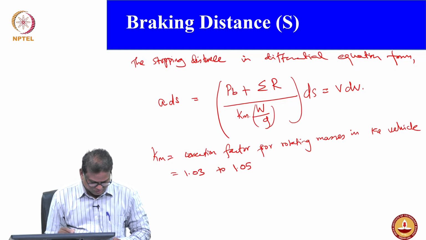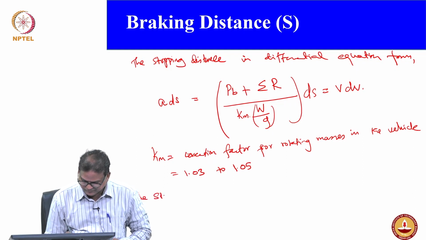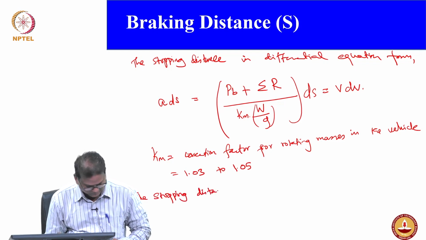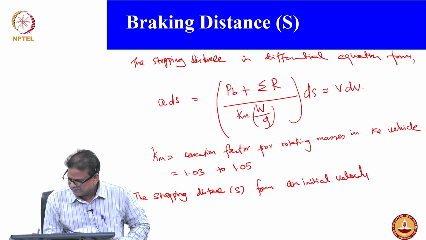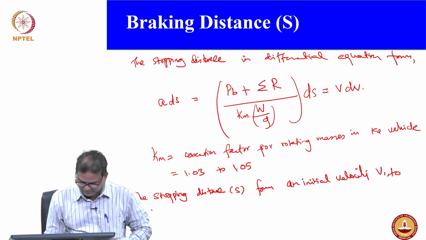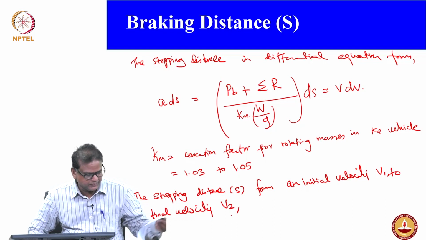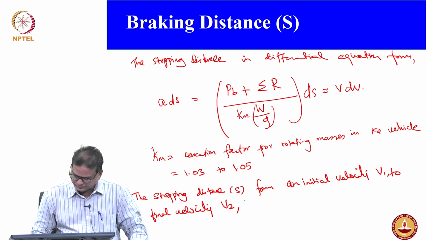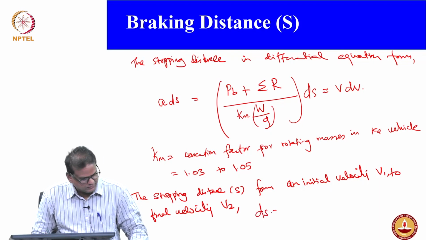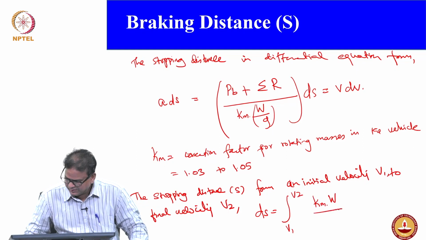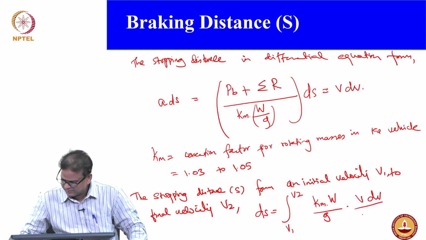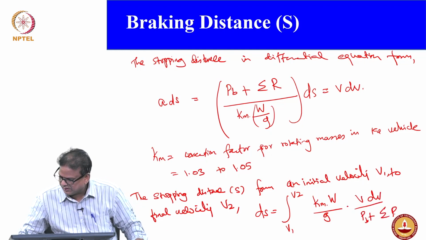Then to determine the stopping distance from an initial velocity V1 to a final velocity V2, I am rearranging: ds equals Km W by g into V dV over Pb plus sigma r, integrated from V1 to V2.